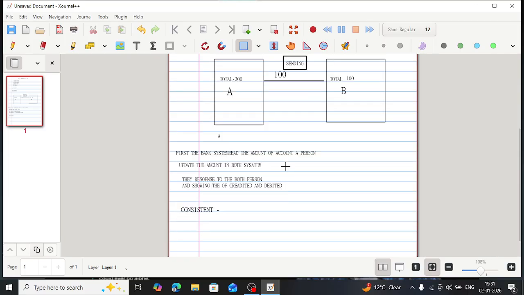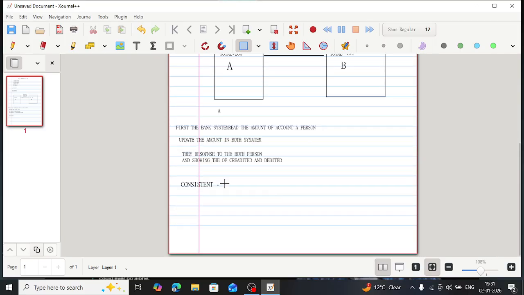In the system we use many constraints. Consistency is directly connected with constraints.